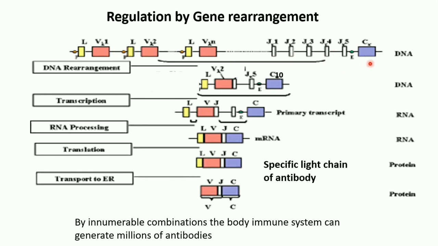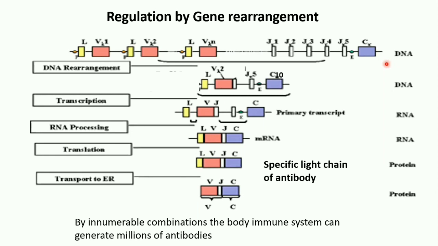Here I am showing you the light chain, how the gene rearrangement occurs in the light chain. The mammalian genome contains around 500 variable segments, 6 joining segments, and 20 constant, that is C, segments.